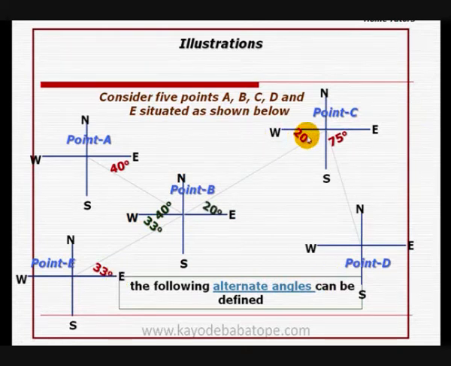Additionally, if this angle is 20 degrees, so also this angle will be 20 degrees. Alternate angles, remember, Z angles. Also, if this angle is 75 degrees, see the Z angle, this angle will also be 75 degrees.